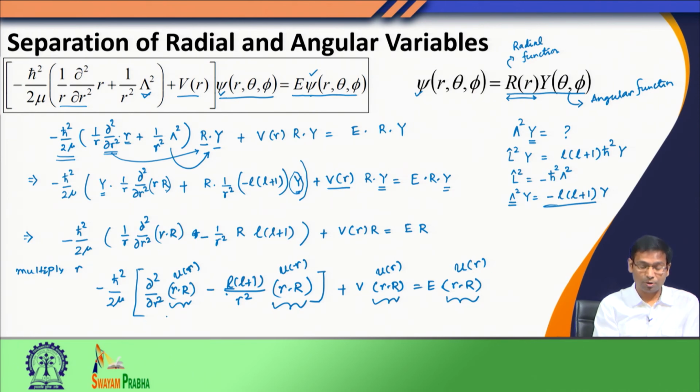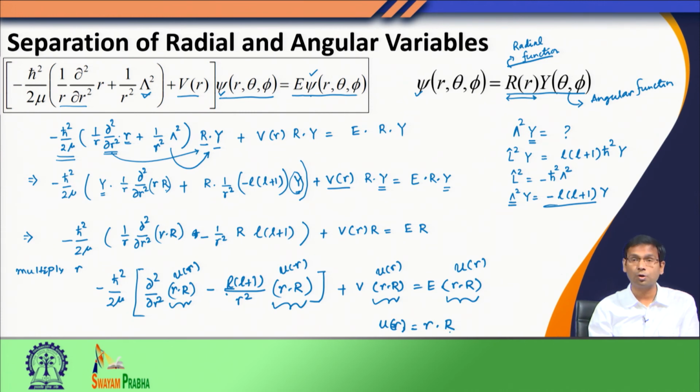So, now look at this differential equation. I am writing down this differential equation in terms of u function, where u of r is defined as r dot R. The small r is the internal distance, the capital R is the radial function that we are still interested to obtain.